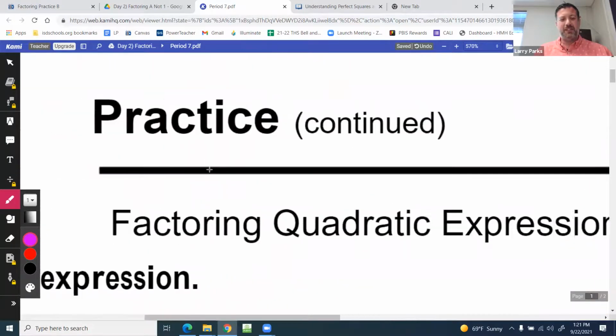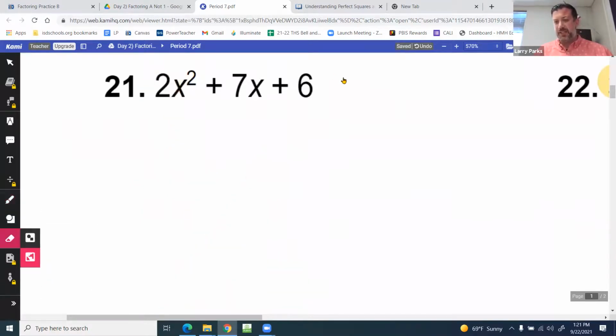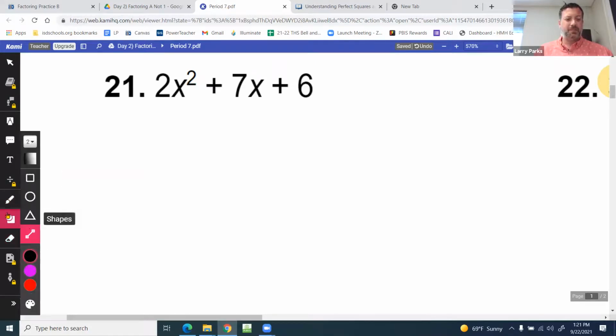That was my only plan to do those 4, but I feel the need to kind of show you one that's not a perfect square trinomial. So for example, this one has no GCF. I can't take the square root of 2. I can't take the square root of 6. So on this problem, see, I make the little x.